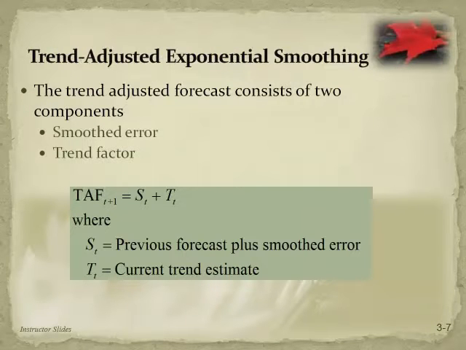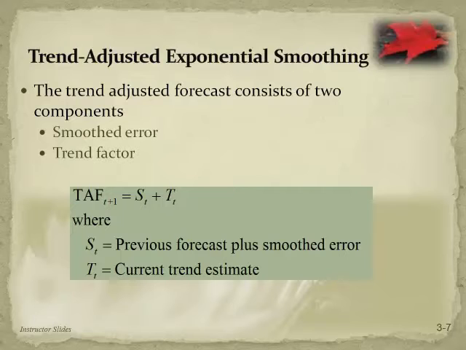So another way that I can forecast trends if I do not have a straight line is with the formula we could refer to as trend-adjusted exponential smoothing. In this example, it's similar to single exponential smoothing, except now we're having two smoothing factors.